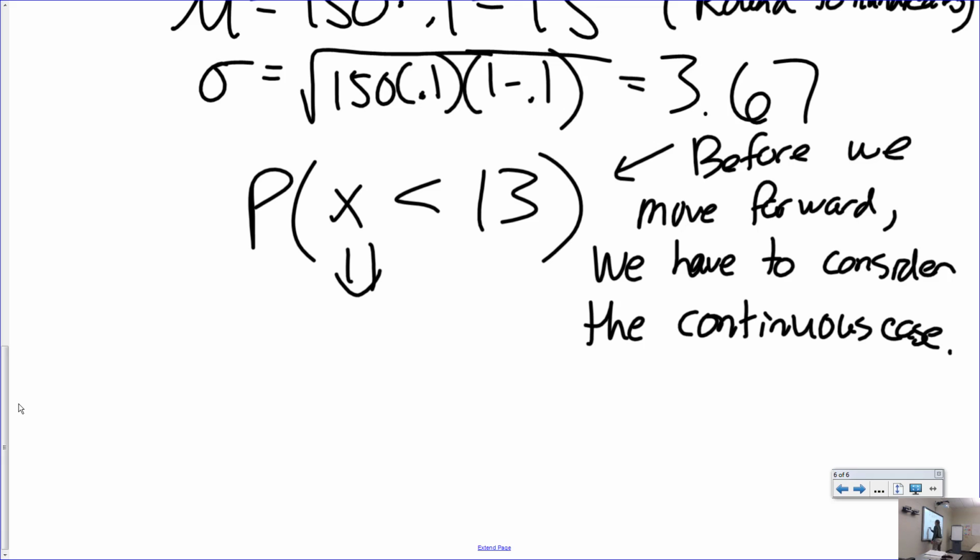So to handle continuity, and this is where it's a little bit weird on this side, your less than needs to become this.